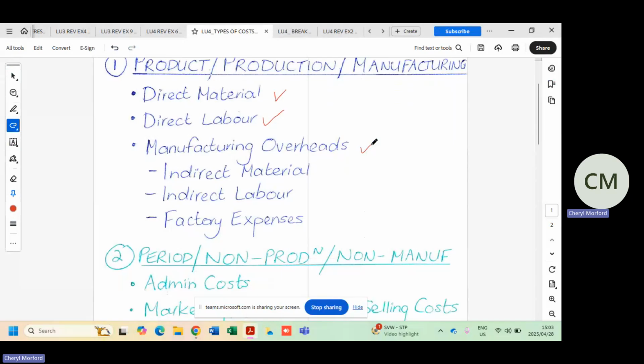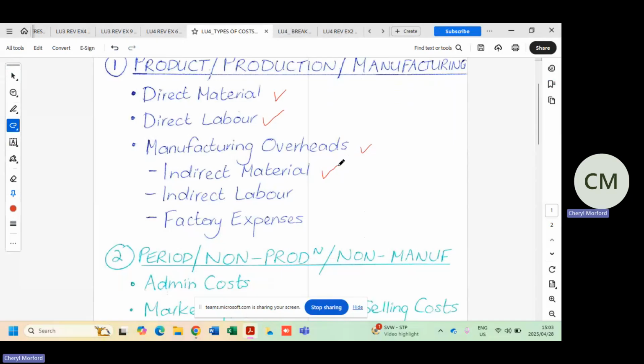So the criteria for this is that these costs are incurred in the factory. That's why they are known as product costs. And there are 3 things here. Indirect material, which are other products, materials, which are used in smaller amounts in the production of the finished good.